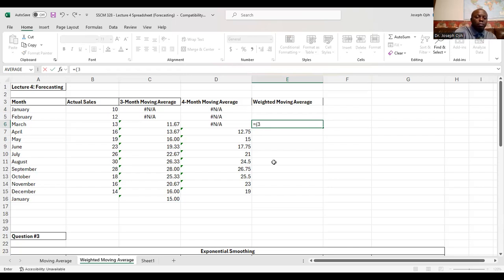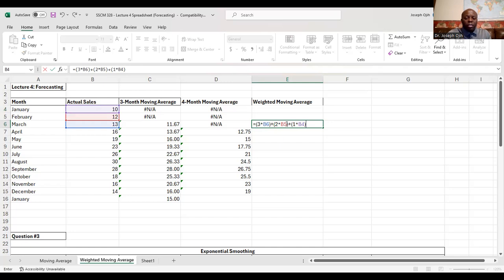So you have 3 times the sales for the month of March, close the parenthesis, plus a new parenthesis 2 times the month of February, close parenthesis, plus 1 times, in Excel, the asterisk symbol means times, the month of January, close the parenthesis. Now you have to divide it by 3 plus 2 plus 1.